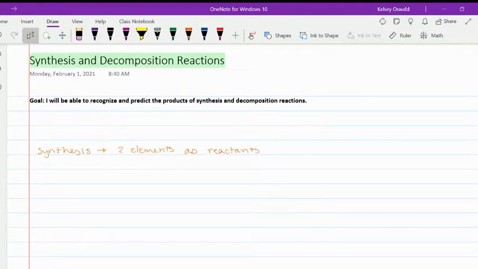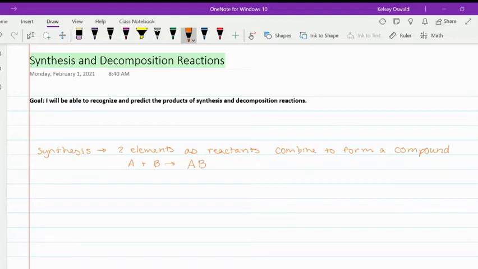And these two elements are going to combine to form a compound. Okay, so just generally looking at this, we would have two elements, A plus B, that then combine to form some compound AB.